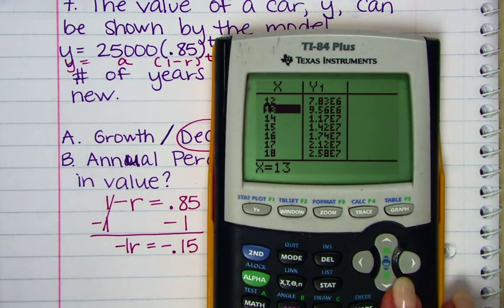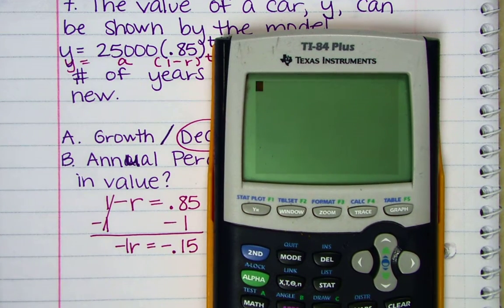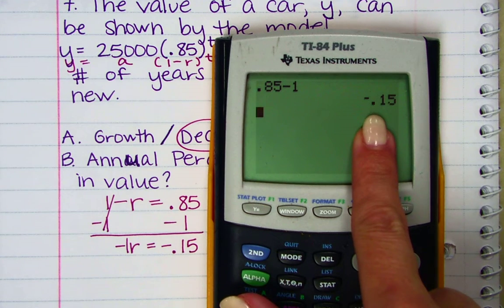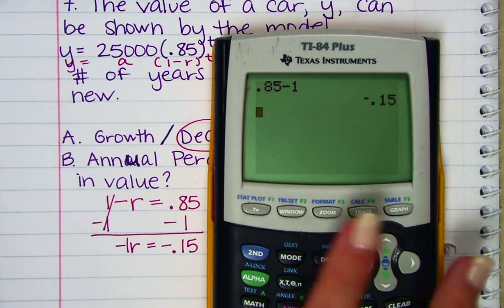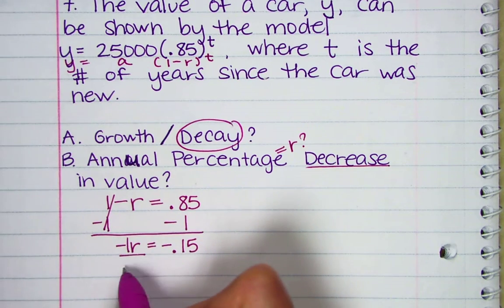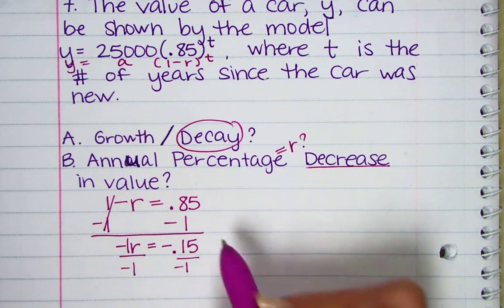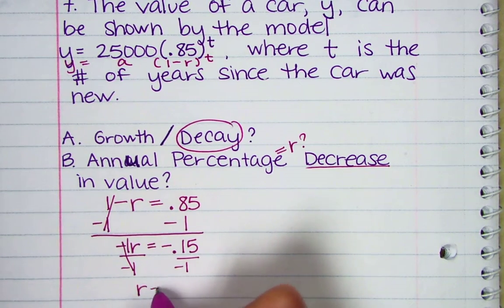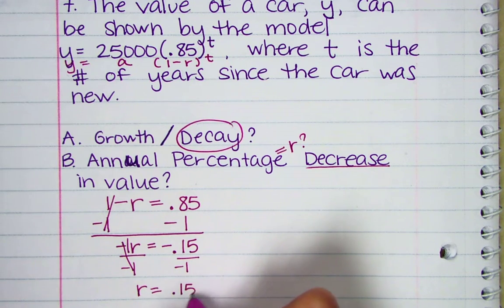Type it in just like that, 0.85 minus 1. Negative 0.15, and that's negative 1r. So we're going to divide by negative 1, and that gives me r equals 0.15.